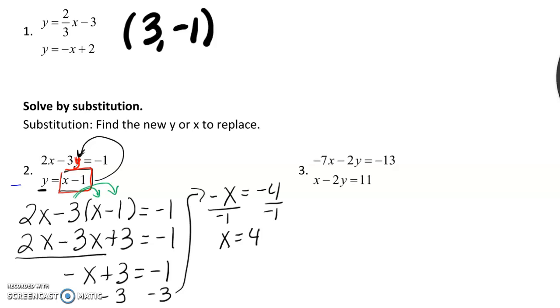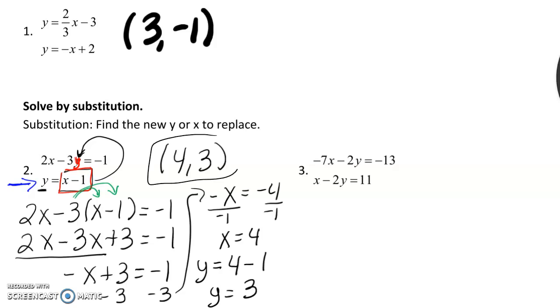Well, this equation that we were given is a perfect equation to use to find y. So now I have y equals x, which we found to be 4, minus 1. And so I know that y is 3. So my ordered pair answer for this one would be 4, 3.